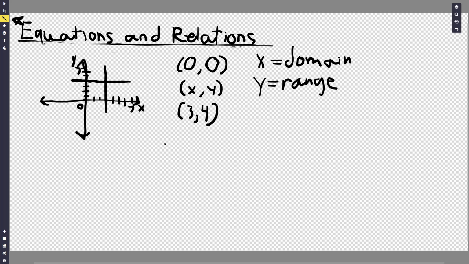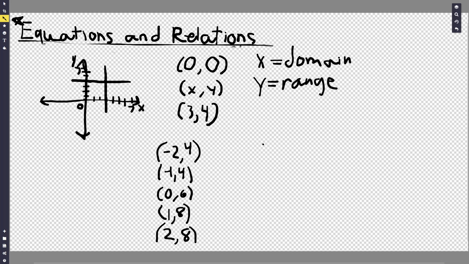If we were to map a set of ordered pairs, connecting the two, we would have in our domain, which we can call D, -2, -1, 0, 1, 2. Then we have our range: 4, 4 again, 6, 8, and 8 again. We're not going to write duplicates.